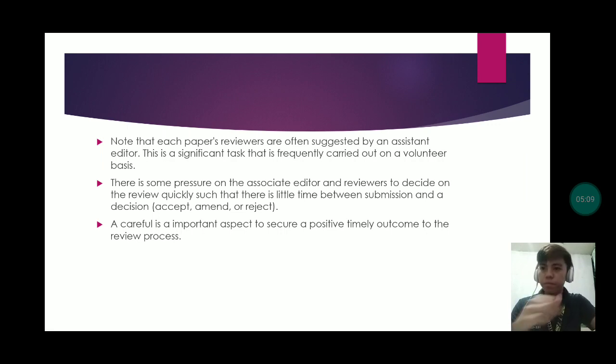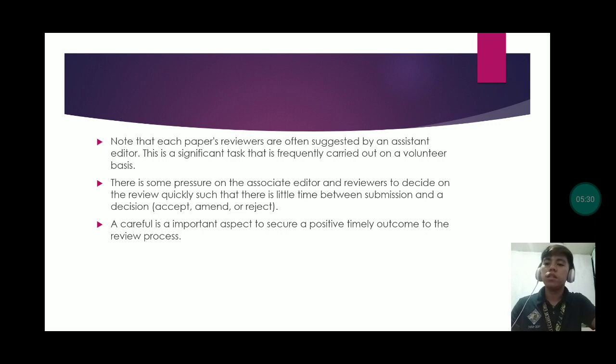The decision means acceptance or rejection. Care is an important aspect to secure a timely outcome in the review process.